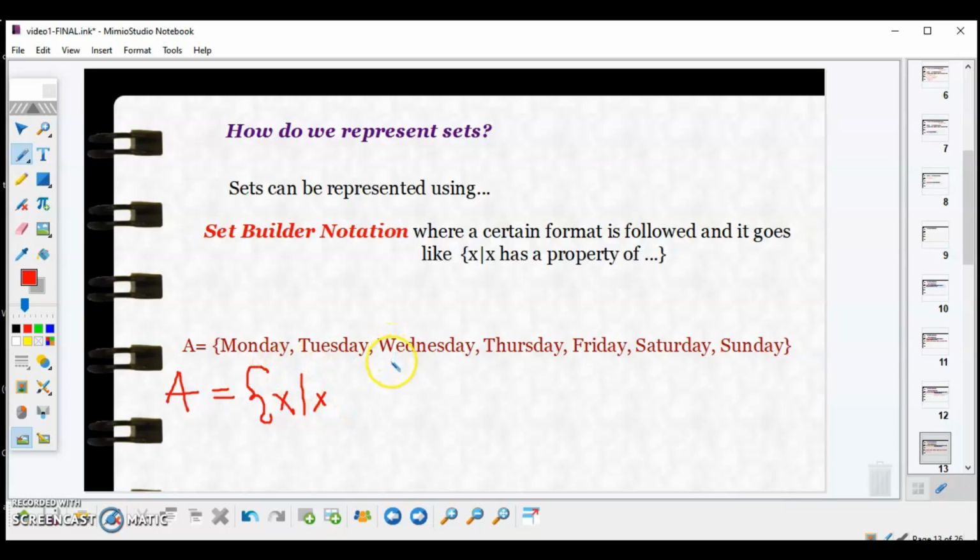Every means one, therefore we use the singular form of the verb. x is a day of the week. You can write it like that. Sorry for the penmanship. And close brace. There you have it. A is the set of all x such that x is a day of the week.